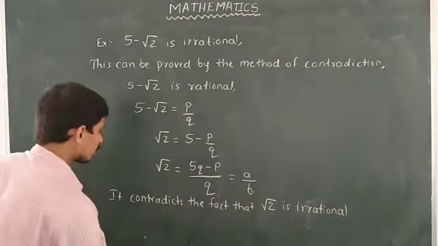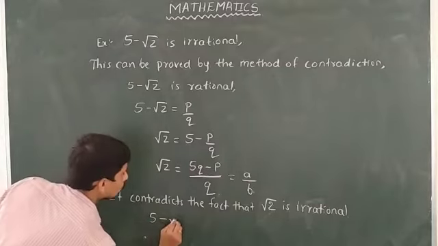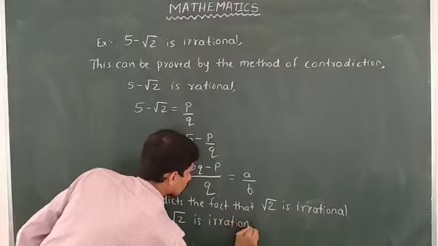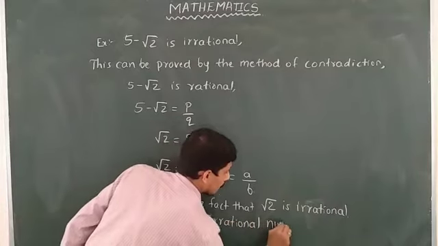So that means 5 minus root 2 is an irrational number.